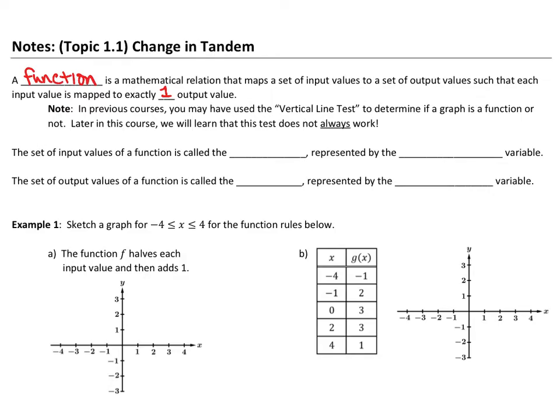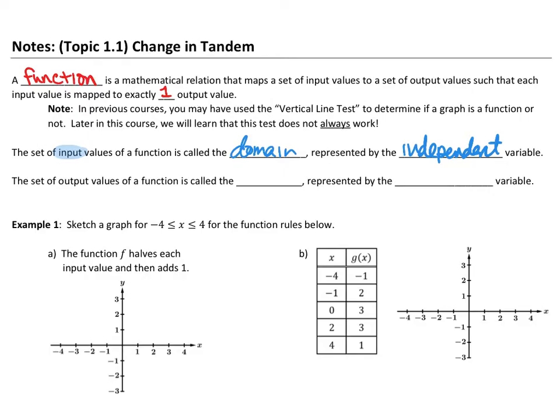More vocabulary we've heard before. The set of input values of a function is called the domain. It is represented by the independent variable. We didn't use x and y here because not all the time are we going to have functions related to x and y. Sometimes they're related to time, so it'll be t.